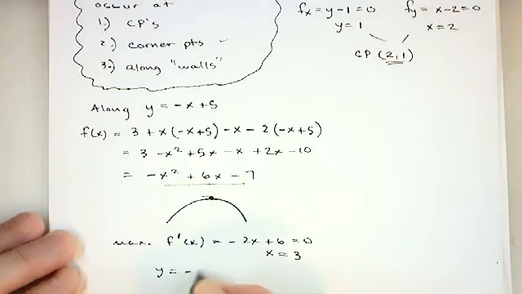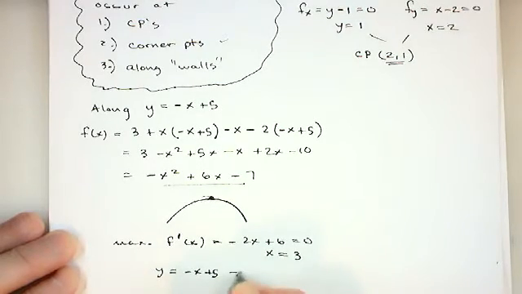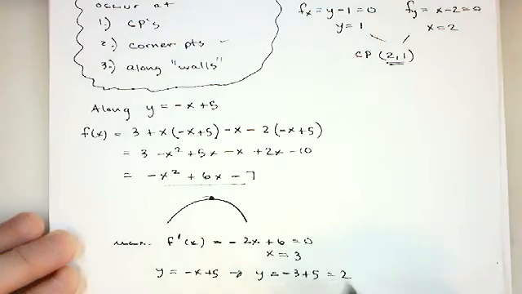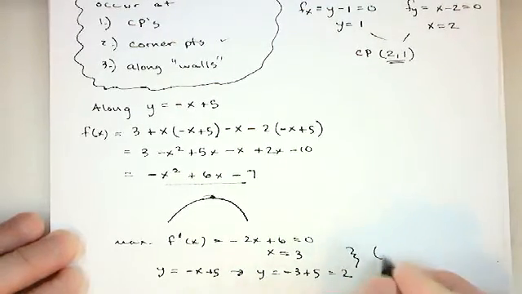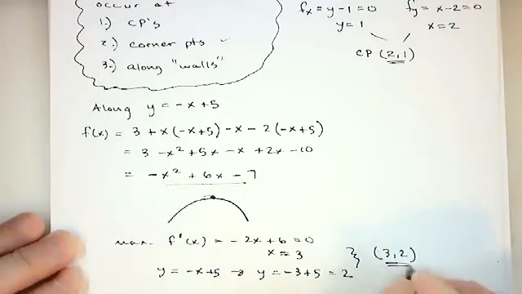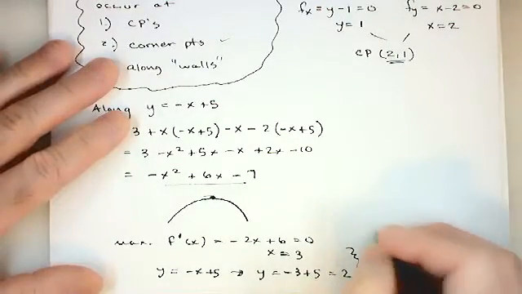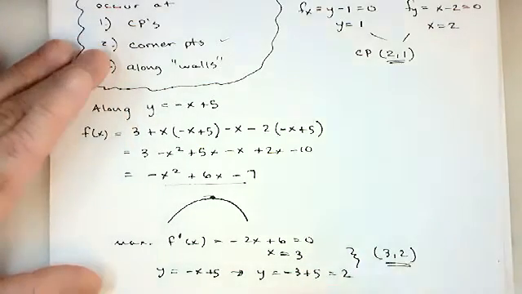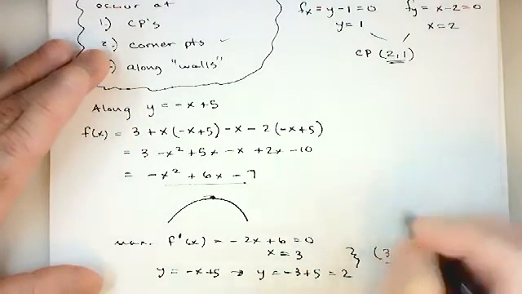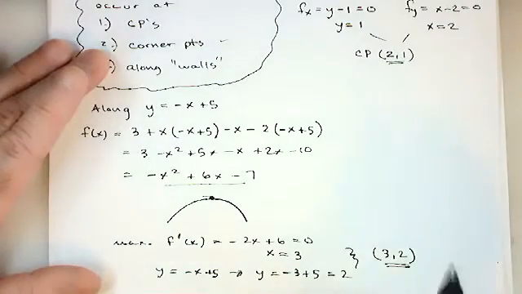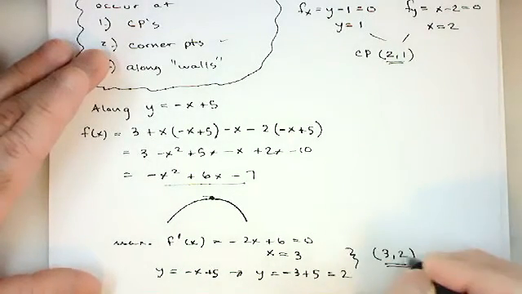Remember, y equals negative x plus 5 was the equation of our line, so y would be negative 3 plus 5, which is 2. So here's what we know. 3, 2 is a point of interest.